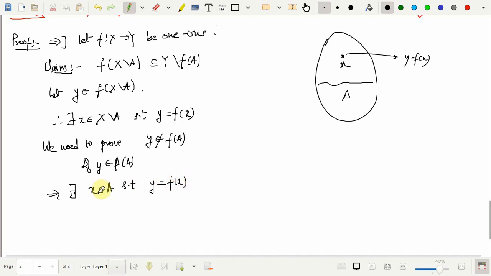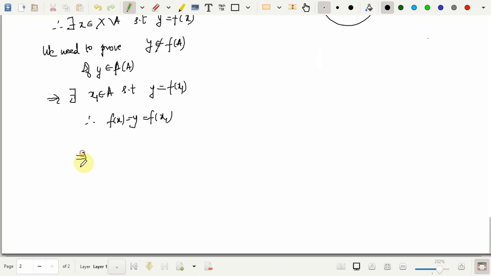I'll use the other notation because I've used x over here, so I'll call this x1. Therefore you also know that y is equal to f of x, where x is coming from X difference A. Now it's time to use the fact that the function f is 1-1.